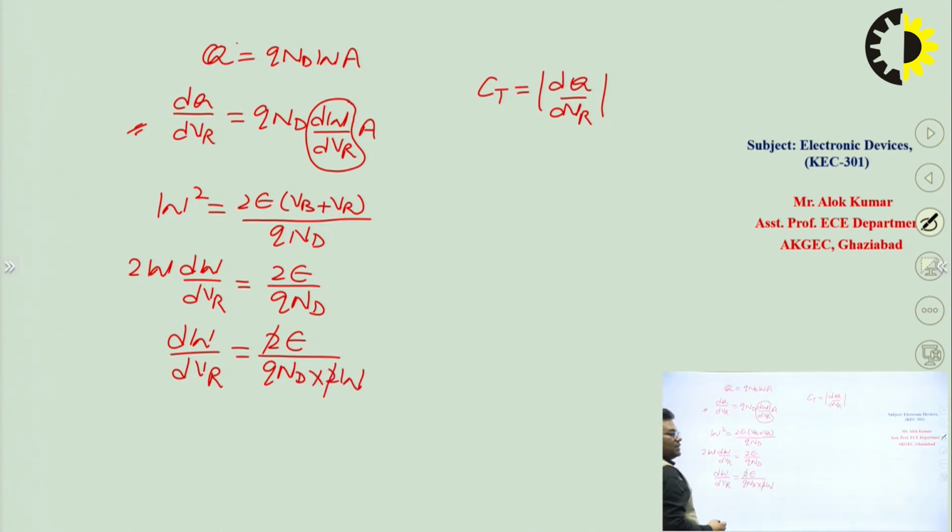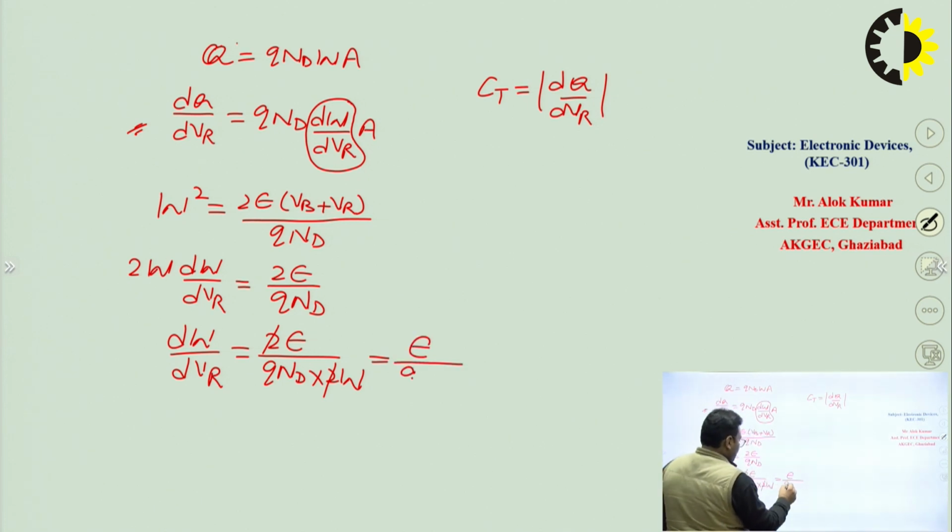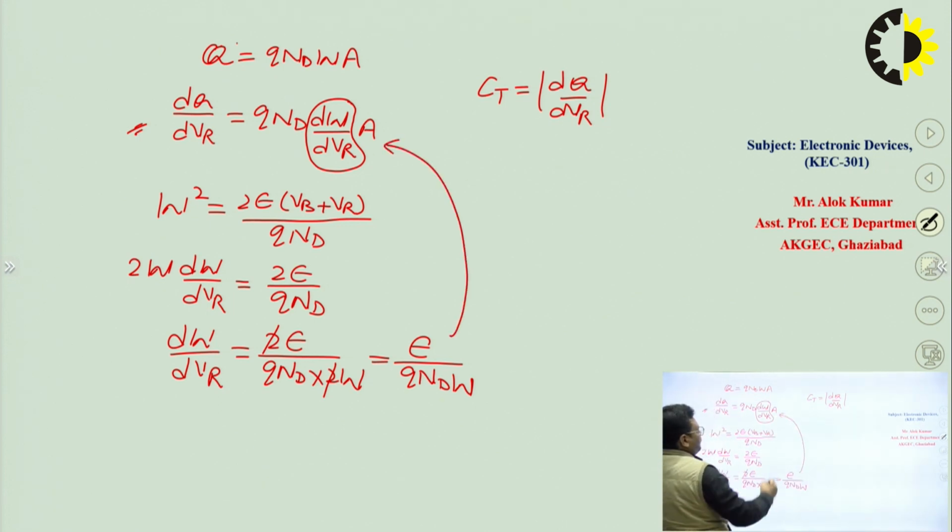The 2 will be cancelled out, so the final value will be epsilon upon Q ND into W. I can put this value in this equation.